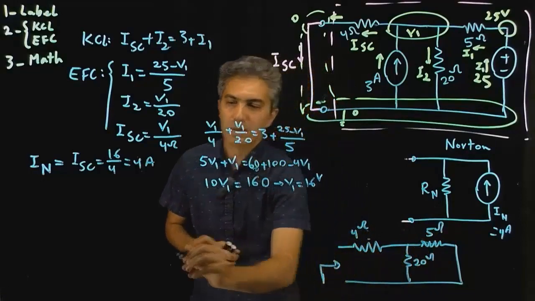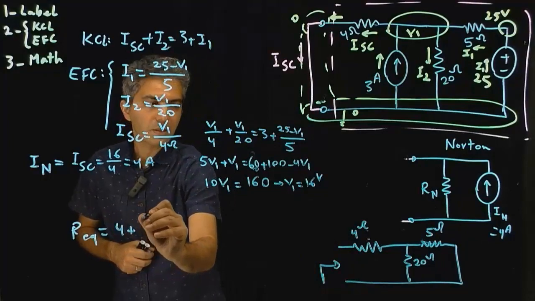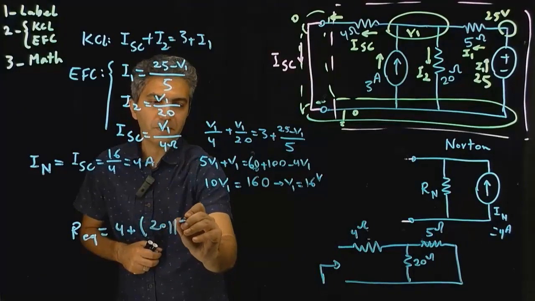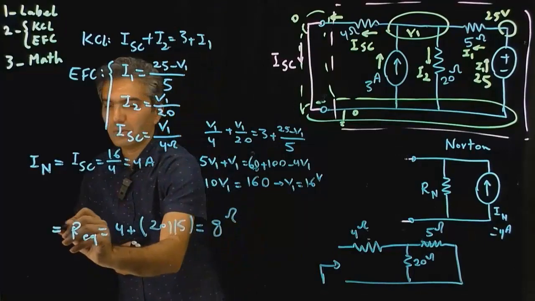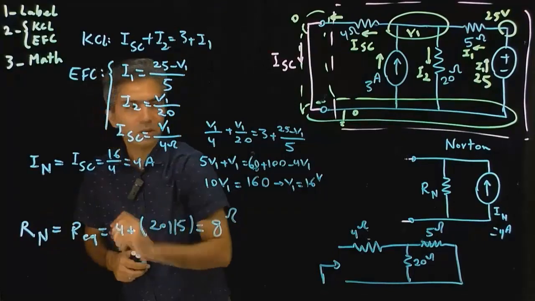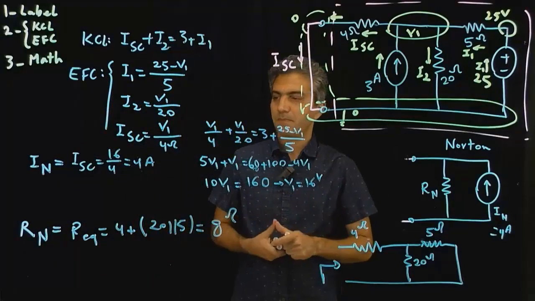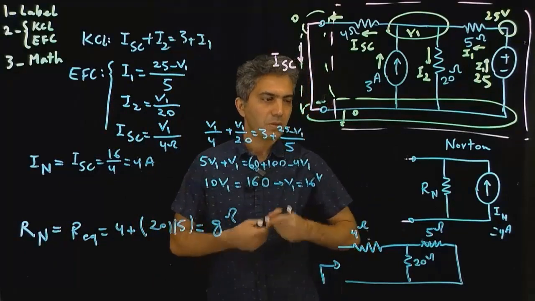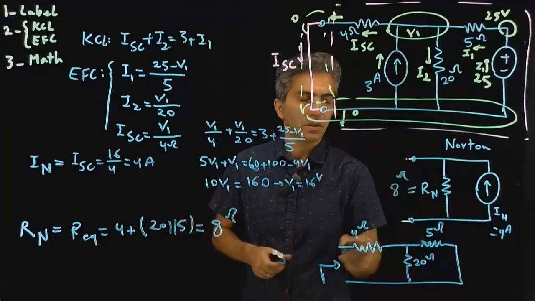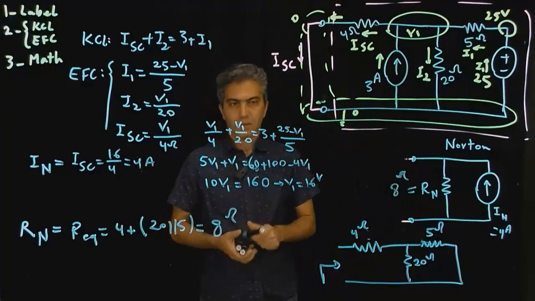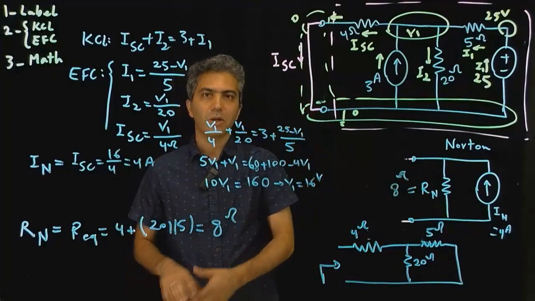Looking to this, we said our equivalent is equal to 4 plus 20 in parallel with 5, which ended up being 8 ohms. And now that's also my Norton equivalent resistance. And that concludes our calculations or modeling of the circuit with the Norton equivalent.